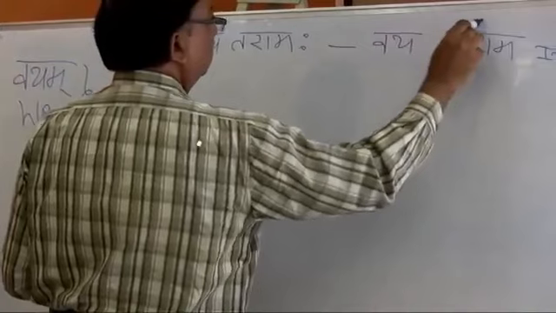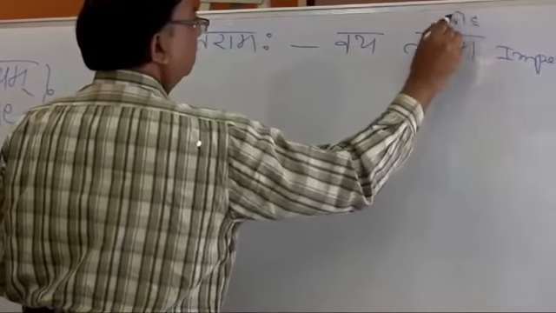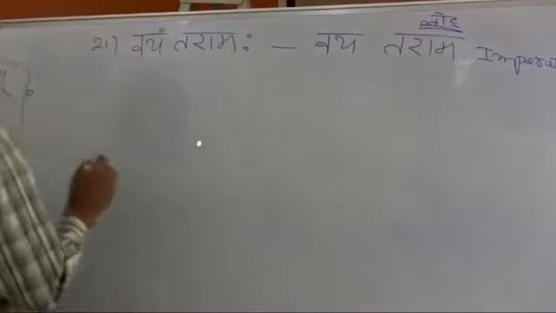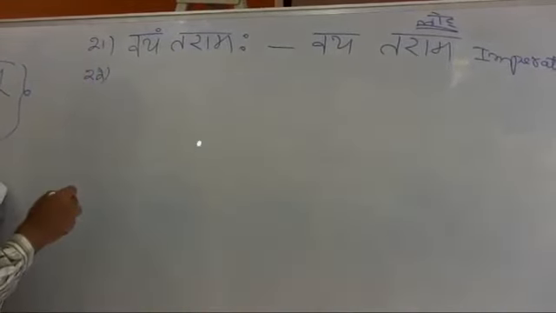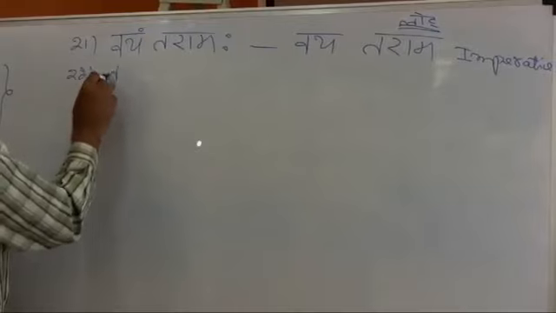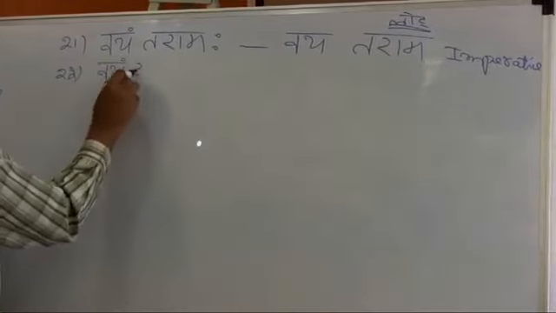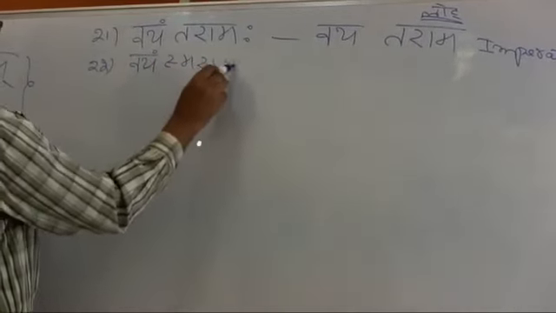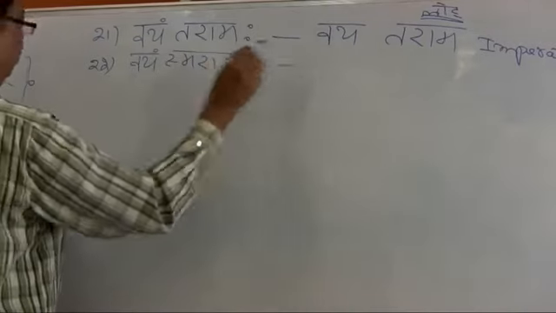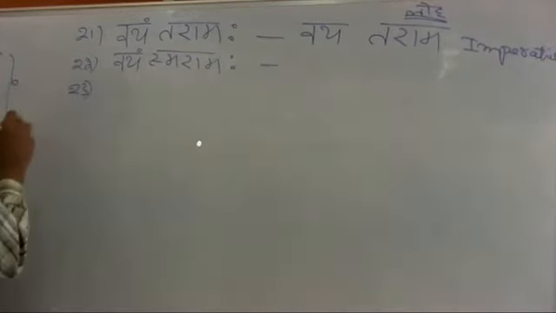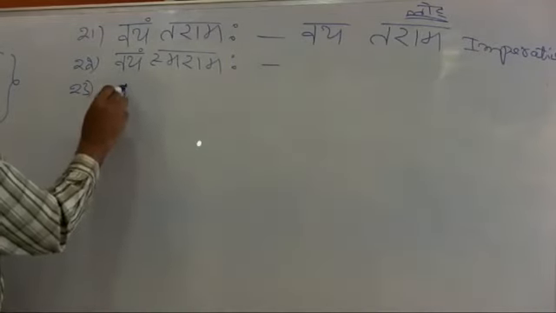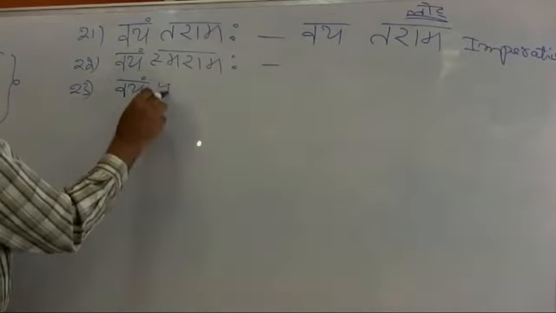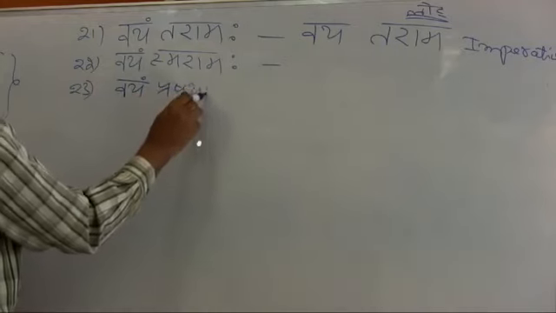This is lot. The 22nd sentence is Vayam smaramaha. And the 23rd one is given, Vayam preshayamaha.